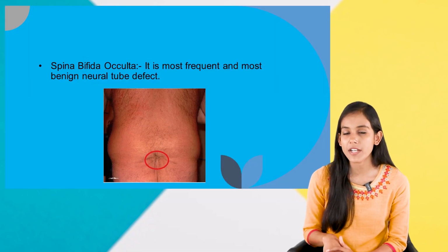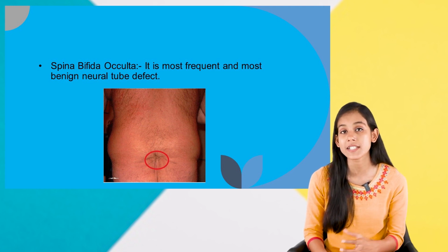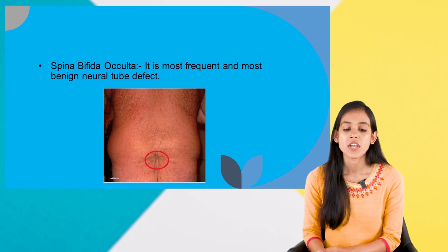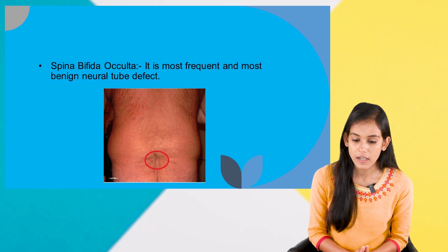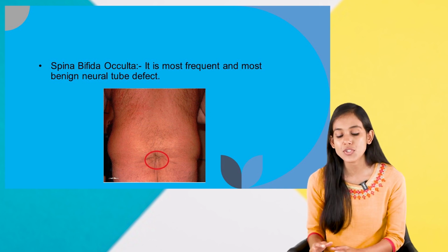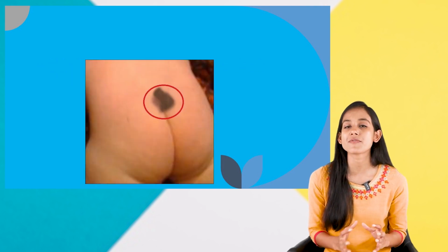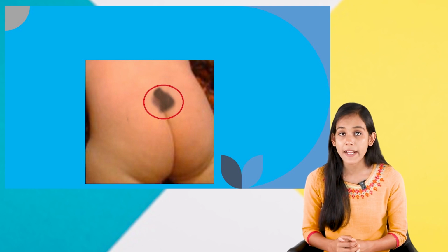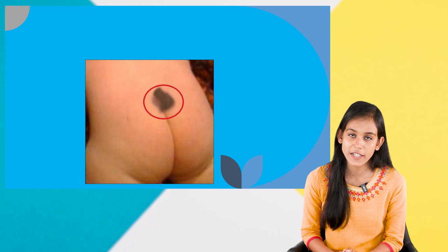Spina bifida occulta is the most frequent one, and it is the most benign neural tube defect. There is defective closure of the posterior arch and the lamina of the vertebrae, which is usually L5 and S1. A prominent feature you can see in spina bifida occulta is dysplasia of the spinal cord.